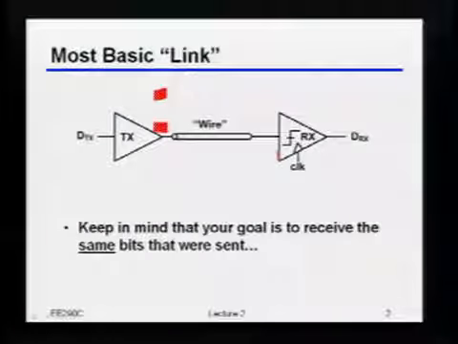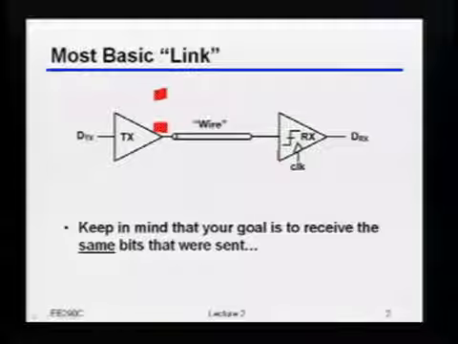The first thing I wanted to briefly mention, which is a little bit of a review from 240, but we'll spend some time on other things you haven't heard about before, is to keep in mind that your goal in building a link, or really any communication system, is to get the same information from the transmitter to the receiver.